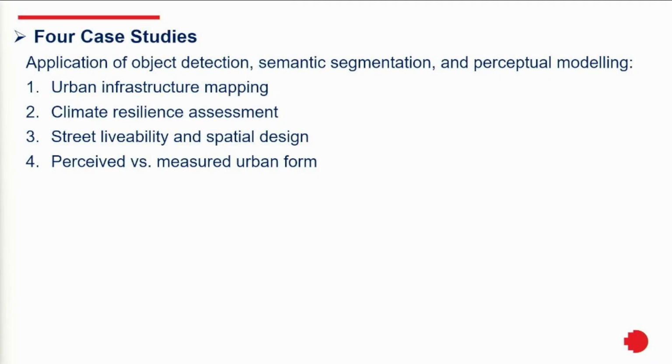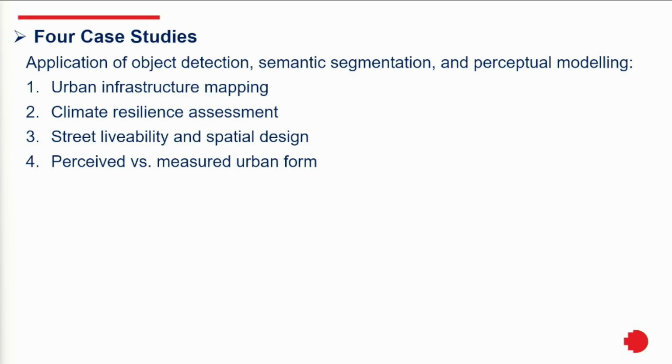Right, so I have 4 case studies. For the last 2, street perception and measured urban form, we used the Mapillary data. The first one, the urban infrastructure mapping, was done before 2018 and published in 2019. During that time, we only had access to Google Street View imagery.